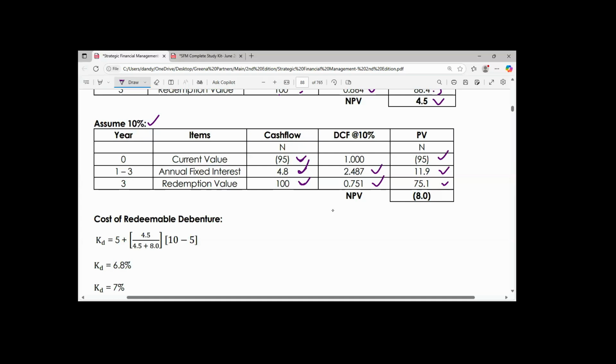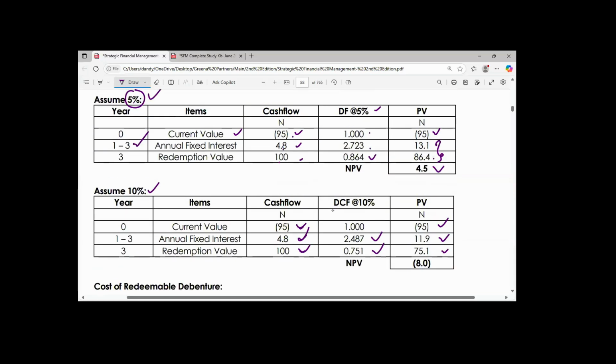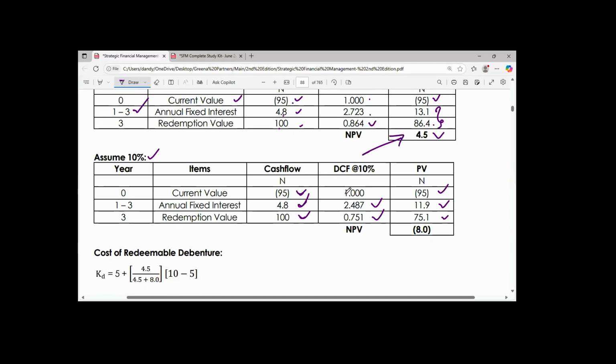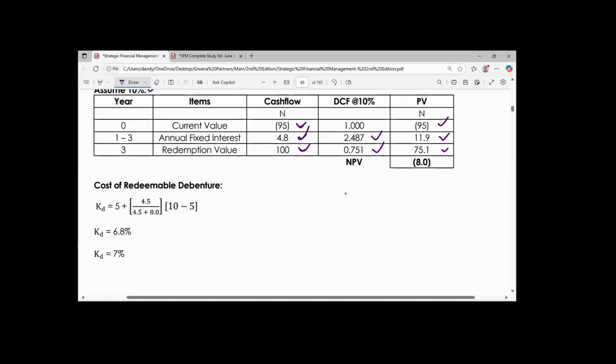So now we assumed 5% and got a positive NPV. We then increased to a 10% discount rate and got a negative NPV of 8. Then we need to put it in the IRR formula. 5 is the lower discount rate. The NPV of the lower discount rate is 4.5. The NPV of the higher discount rate is 8.